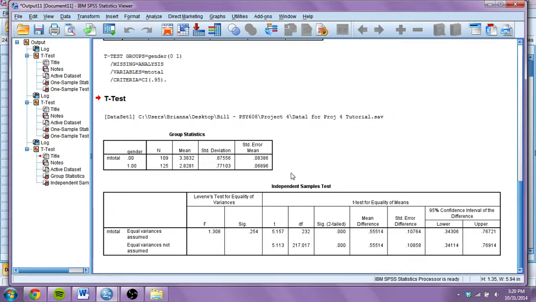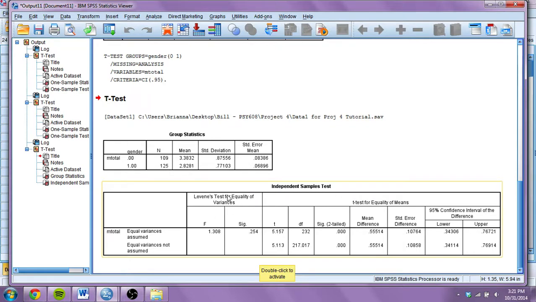All right, so it nicely gives you your group mean. I think this is probably males. The mean was 3.38, female mean was 2.82. And then here are the results of our t-test, and we want to look at Levene's in particular.